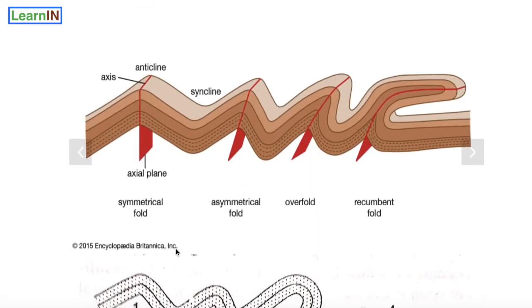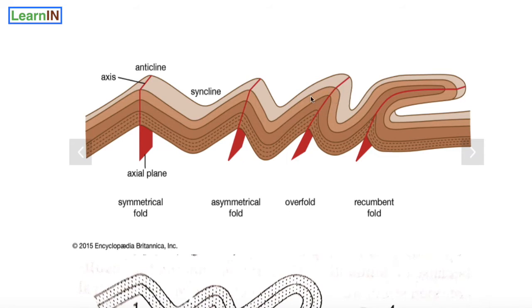Now this red portion shows the axial plane, and here is its axis. From the axis both limbs are uniform, so it is a symmetrical fold. And this is asymmetrical because both limbs are not uniform.